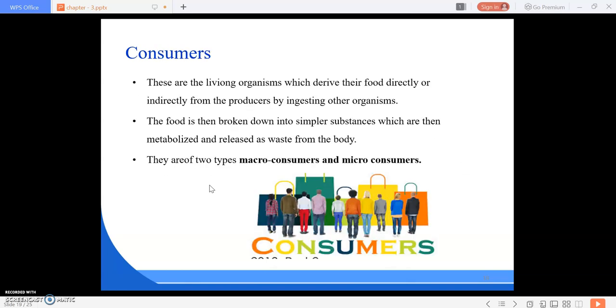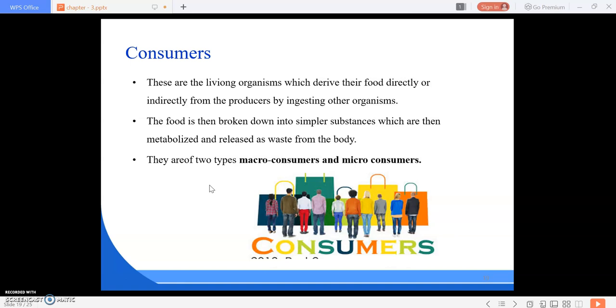Understood? Next is our consumers, because we know that we cannot synthesize, we are only dependent on the producers. Okay, because food is very essential for us, and we are the people who are directly dependent on the producers or the plants. Okay, so these are the living organisms which derive their food directly or indirectly from the producers by ingesting other organisms.